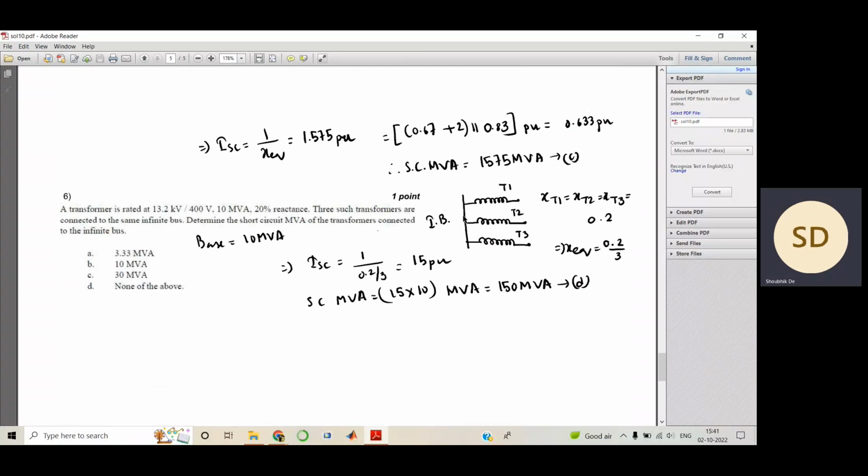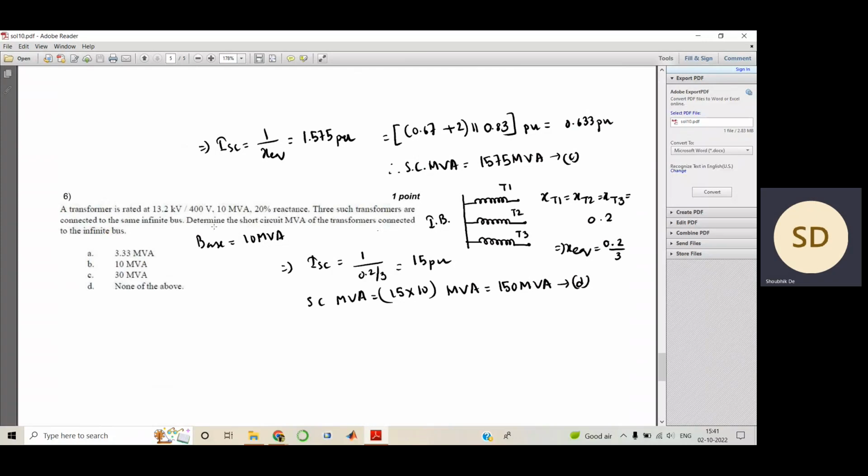So for this problem, we have to assume that there is a short circuit fault at the infinite bus only, right? Because we have to find out the fault level by the combination of the transformers, right?